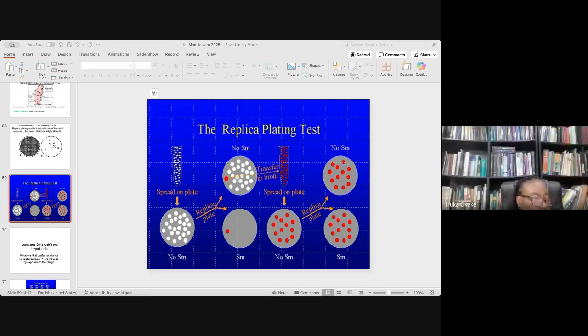Let me stop sharing so that you get a big window. So they made a wooden block, something like this. And then they put a piece of velvet material, not tissue. I'm using tissue just for illustration. The velvet is sterile, so there are no bacteria on the velvet.